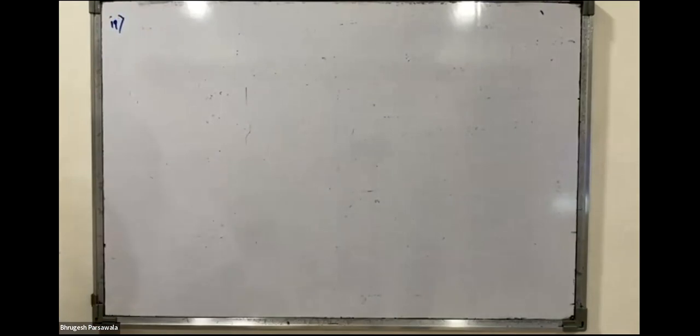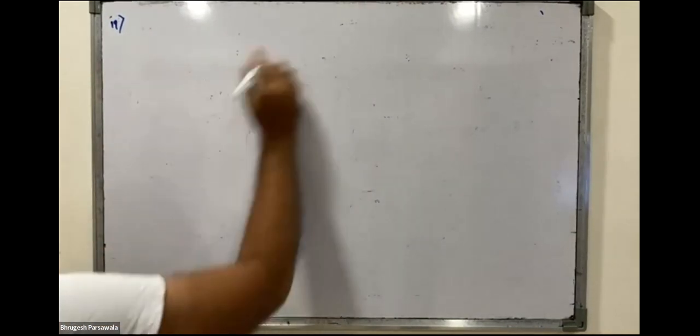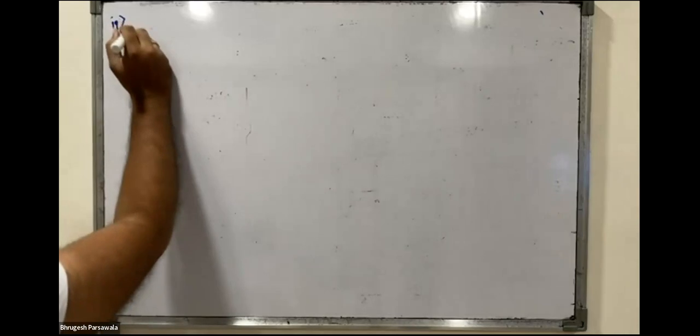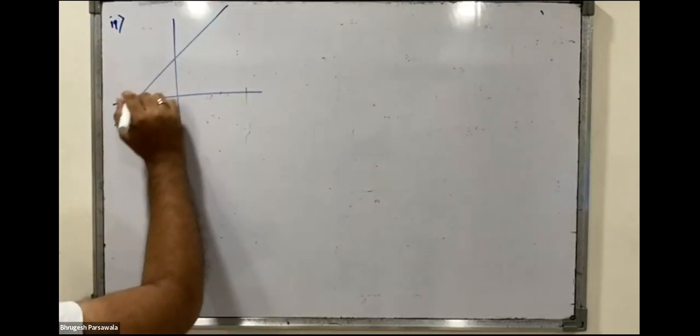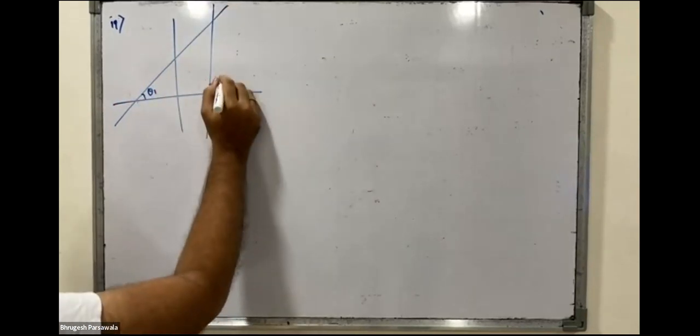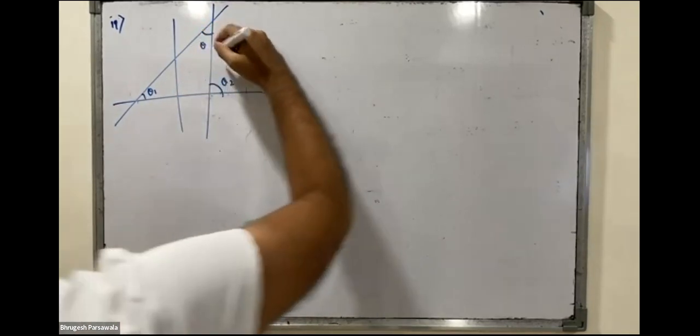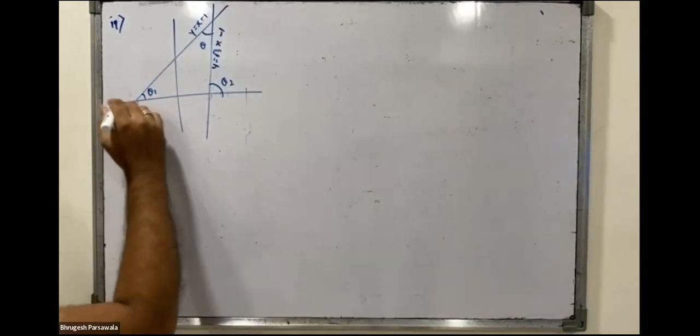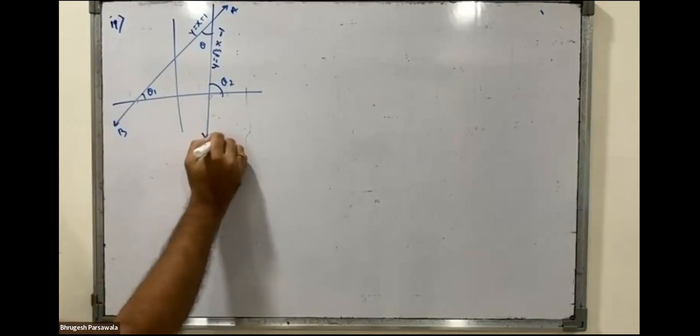Nineteen. Okay, 19. Very nice sum. Let me name this AB and let me name this CD, beta.